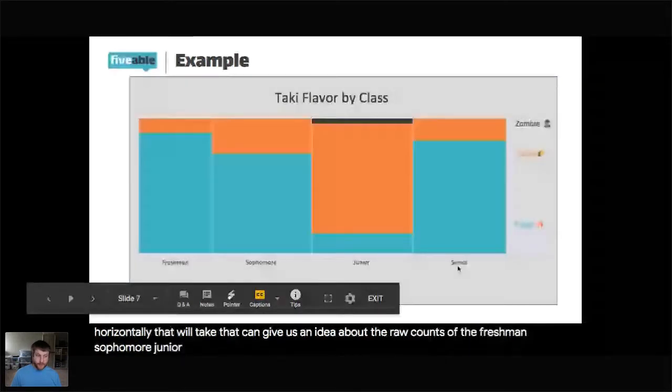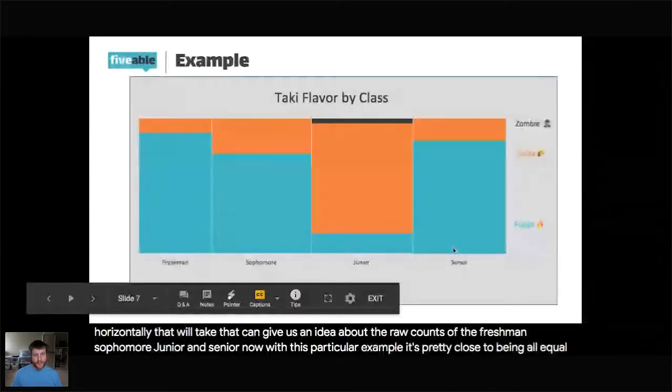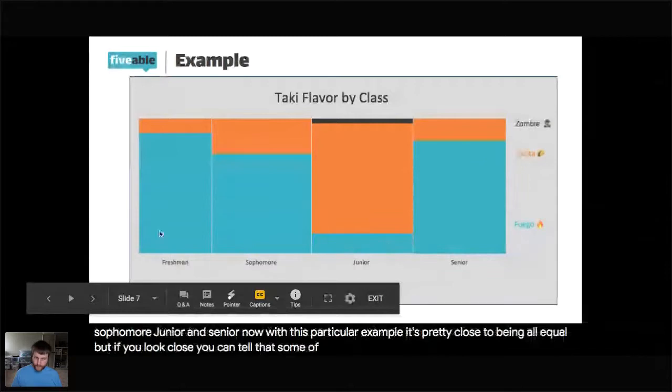Now, with this particular example, it's pretty close to being all equal. But if you look close, you can tell that the widths of the classes are a little bit different.